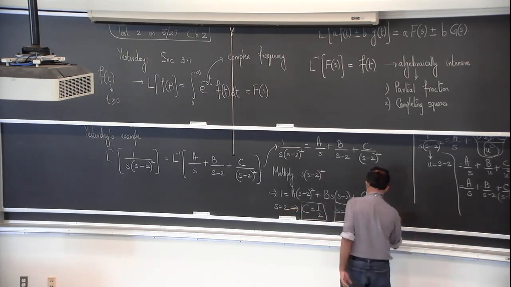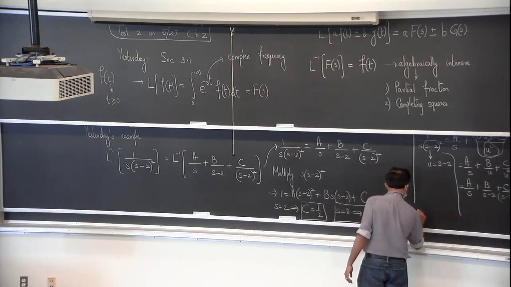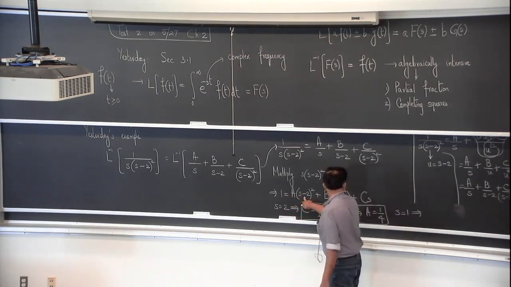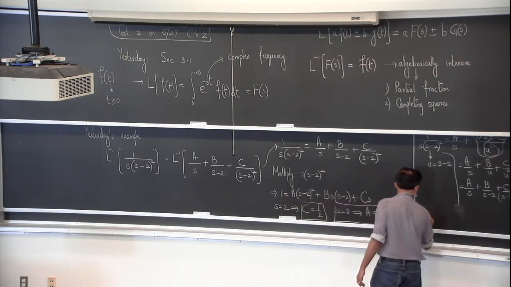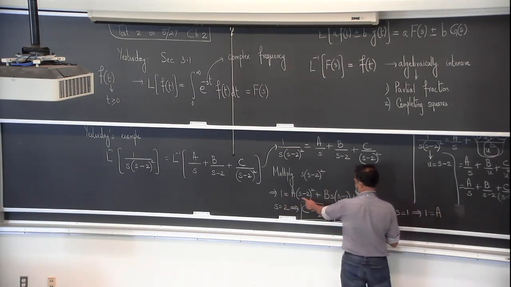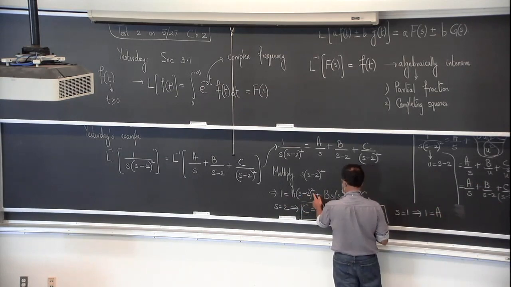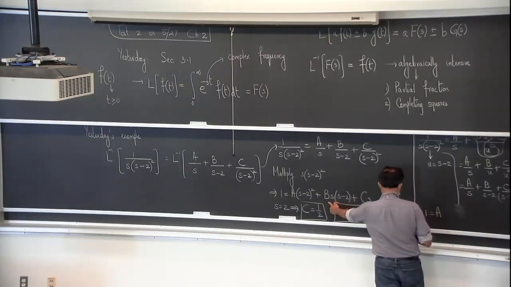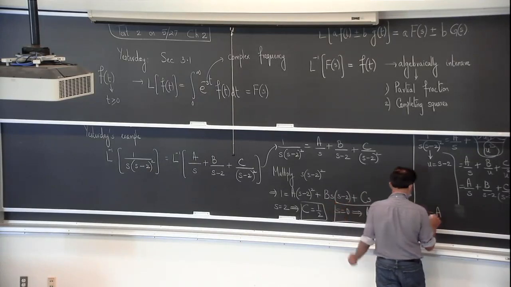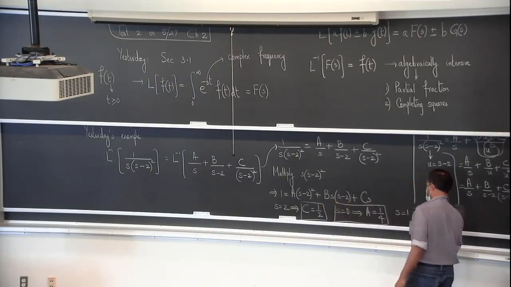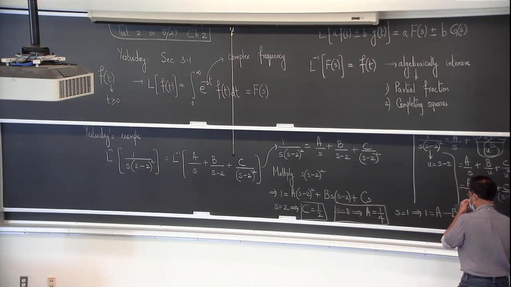Okay. s equal to 1 will give you 1 equal to a times 1 minus 2 whole square, which is just 1, plus b times 1 times minus 1, plus c. That's going to be a minus b plus c.